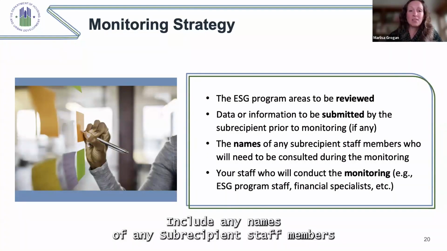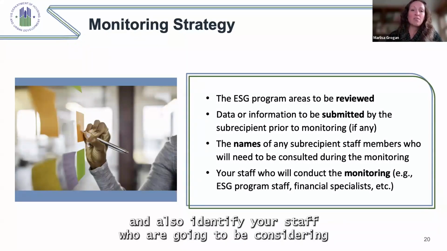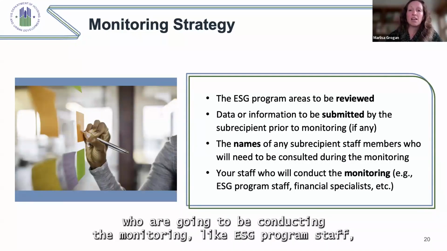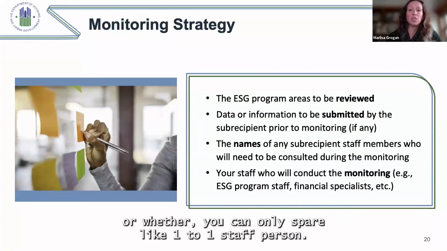Include any names of subrecipient staff members who you're going to need to consult with during the monitoring visit, and also identify your staff who are going to be conducting the monitoring, like ESG program staff, financial specialists, whether you're going to have a team of folks or whether you can only spare like one staff person.